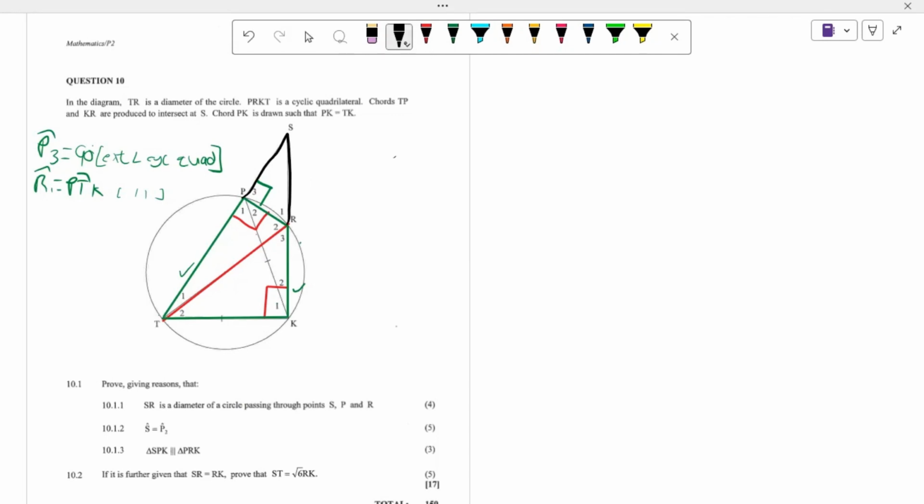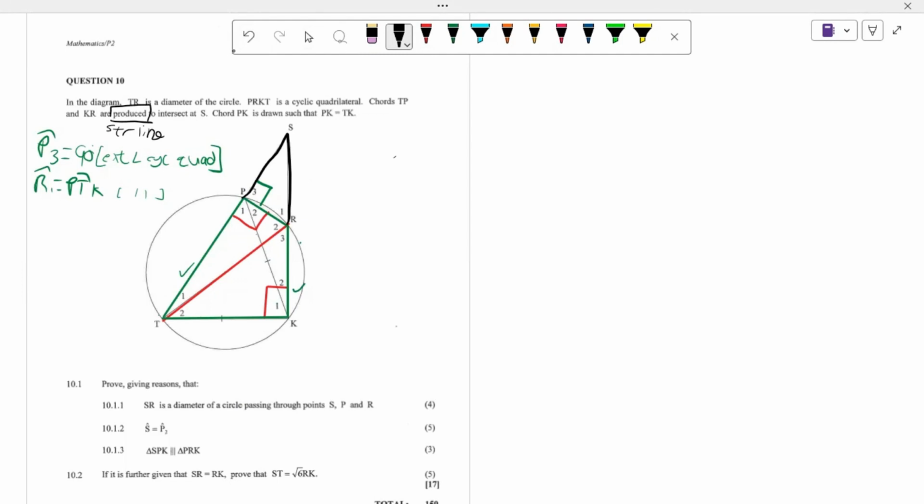So whenever you see the word produced, just think of a straight line.